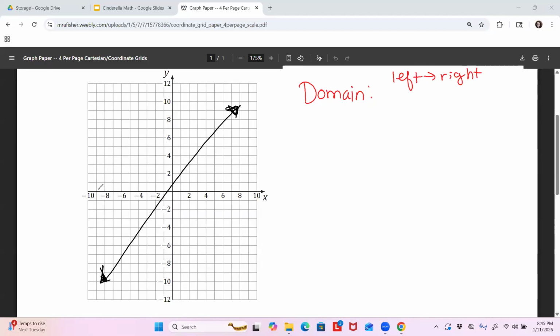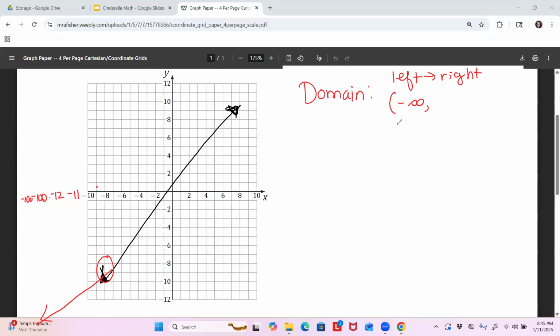And here's where a lot of people go, okay, left, -8. No. See this arrow? That will keep going forever. It will keep going to like -11, -12, negative 100, negative 1,000. It will keep going left forever. It will go left and left and left to negative infinity.